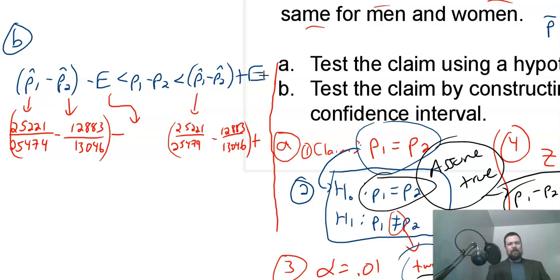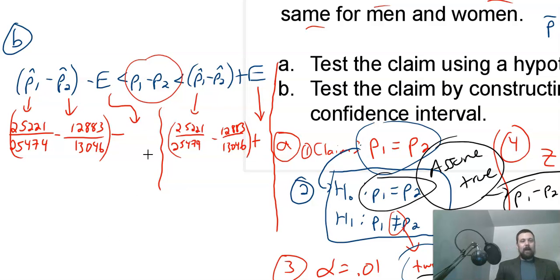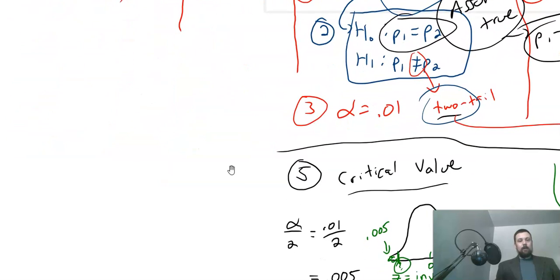The thing I'm estimating goes in the middle, which once I get these numbers, I will recalculate. So this is the lower estimate, this is the upper estimate. We'll get the numbers here, and then we'll bring that P1 minus P2 down. But before I can do that, I have to find the margin of error. So let's scroll down a little ways further to do that.